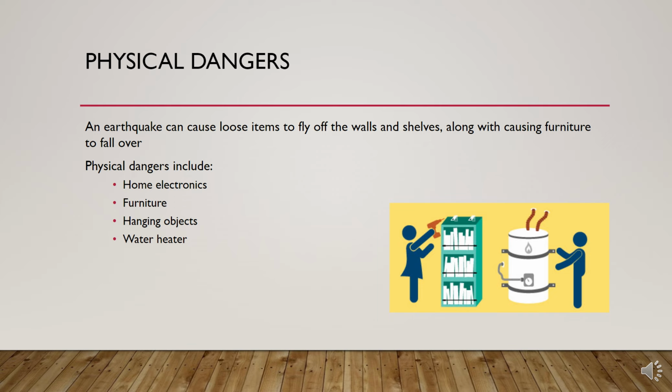You're definitely going to want to make sure that that's secure. A chimney, and you're also going to want to reinforce any weak crawl space walls. Those are some physical dangers as you walk through to take a look at, see what you need to secure, and what kind of things can be dangerous to your family.